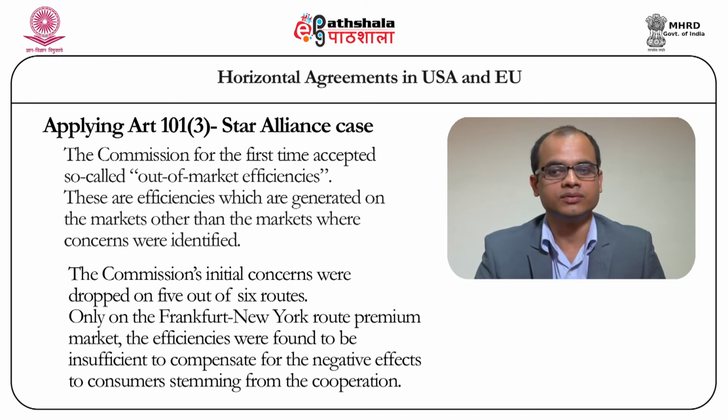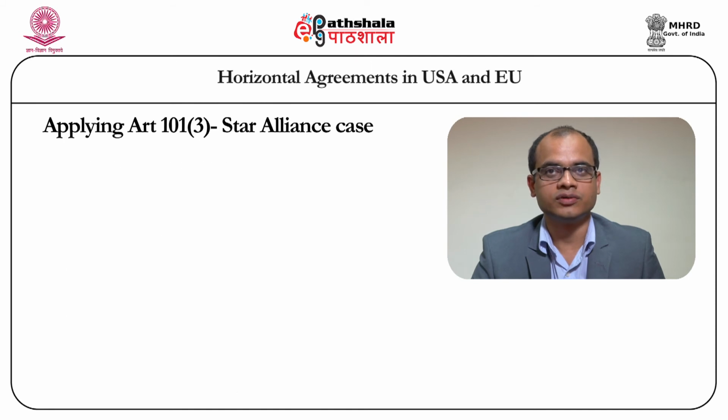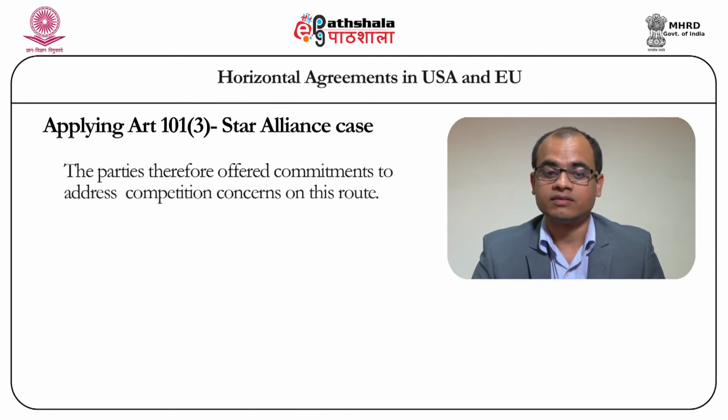But only in 1 route the Commission said that those price fixing and capacity fixing agreements might go against competition, and in that specific route, which was the Frankfurt New York route, the Commission asked those companies to modify their agreements.